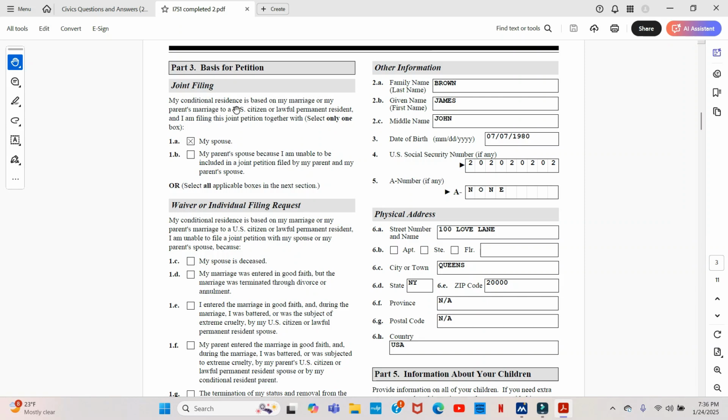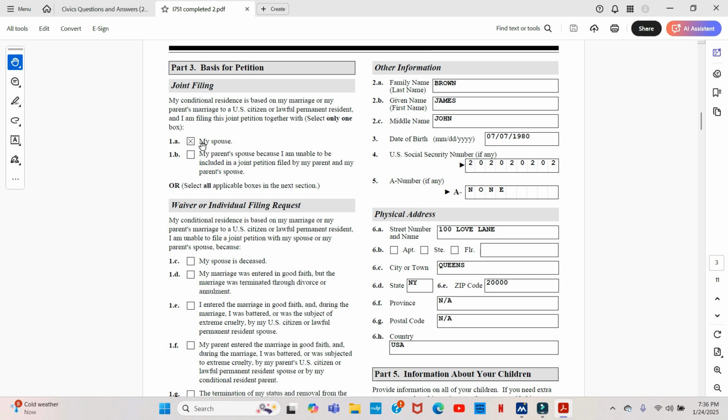My conditional residence is based on my marriage or my parents' marriage to a U.S. citizen or lawful permanent resident, and I am filing this joint petition together with, select only one box. In this case, the applicant is jointly filing with a spouse.